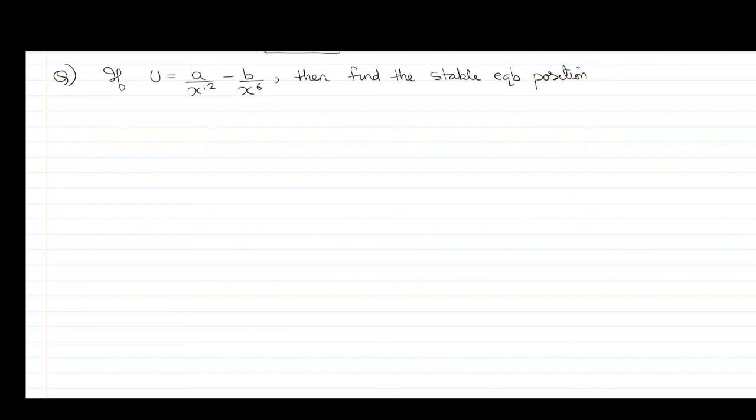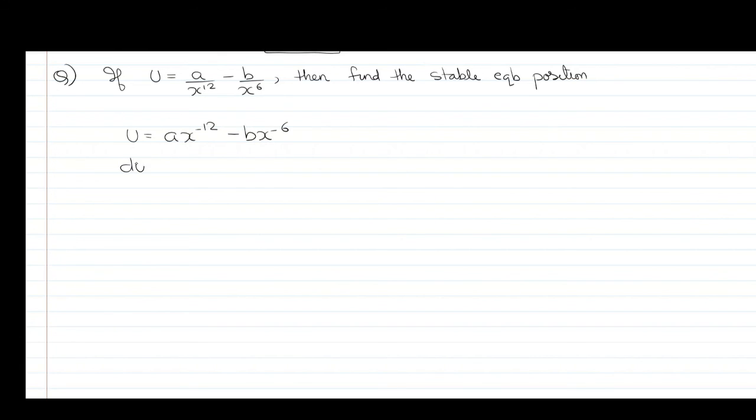So let us see one more question. If U is equal to A upon x to the power 12 minus B upon x to the power 6, then find the stable equilibrium position. So again, for stable equilibrium, we have to simply apply the rules. U is equal to A x to the power minus 12 minus B x to the power minus 6.